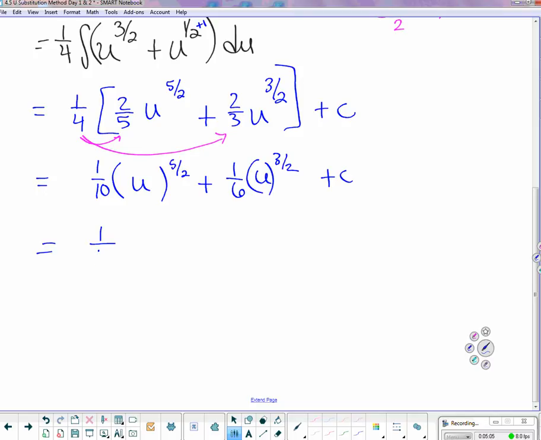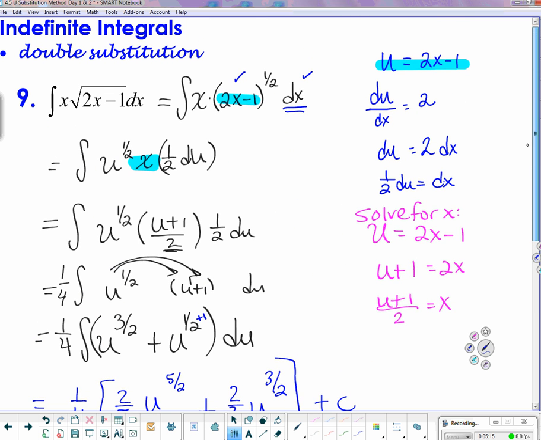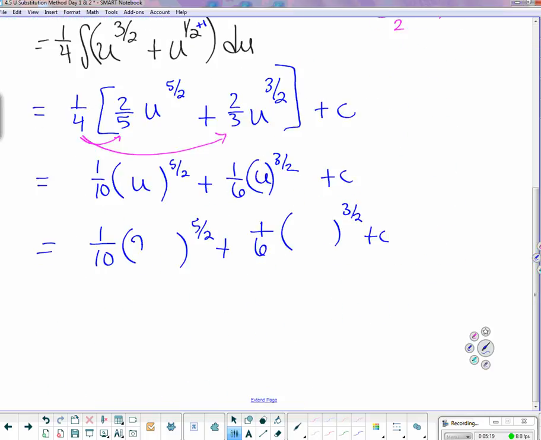Final step is let's replace u with the x values that we started with. I'm going to have to scroll back up and check what u was originally. U was 2x minus 1, so 2x minus 1, 2x minus 1, replacing. And now we're back into x's, and the integral is equal to this.